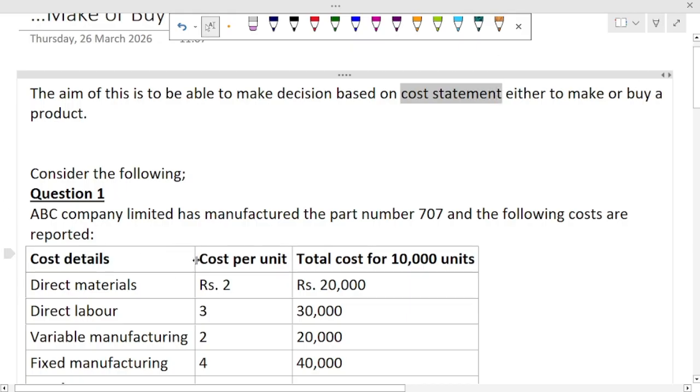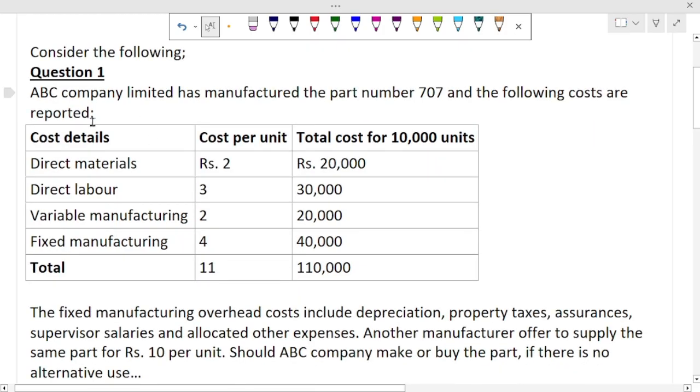This thing you have here is the cost statement, and I will explain what it means. Based on the cost statement, either make or buy a product. Once again, the aim is to make a decision based on the cost statement, either to make or buy a product.